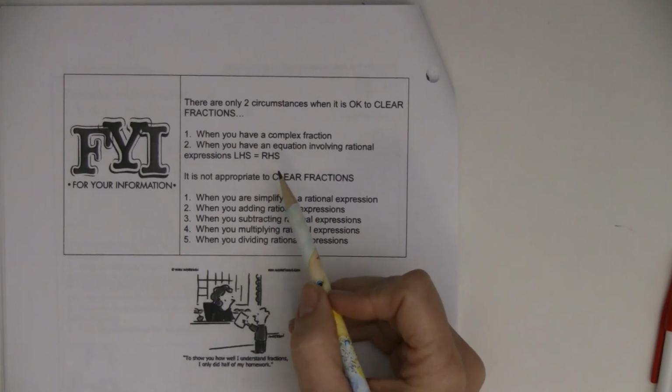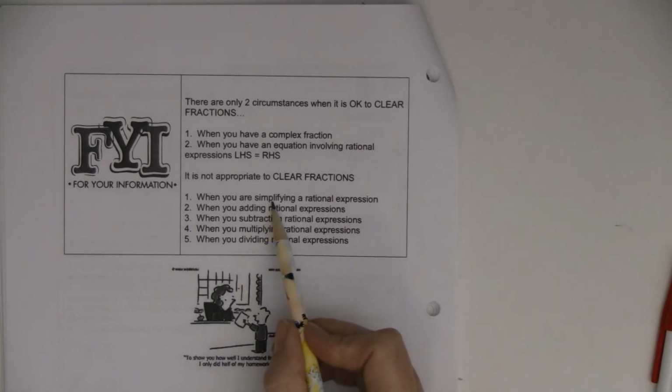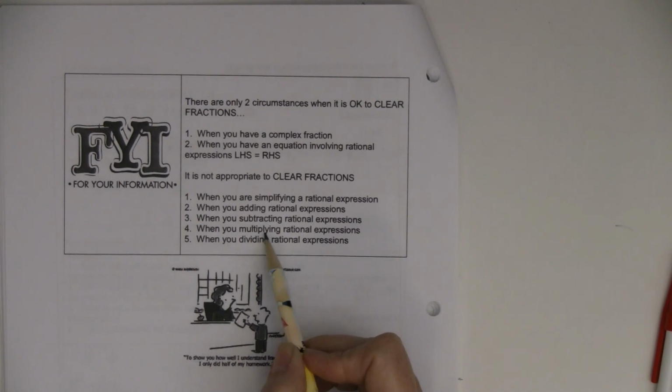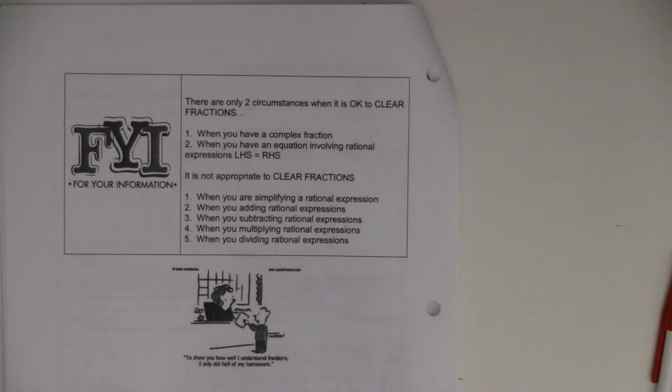Those are the only times. It is not appropriate to say, I'm going to clear the fractions, if you're just simplifying a rational expression, or adding 2 rational expressions together, or subtracting 2 rational expressions, or multiplying or dividing. So just so that you know that.